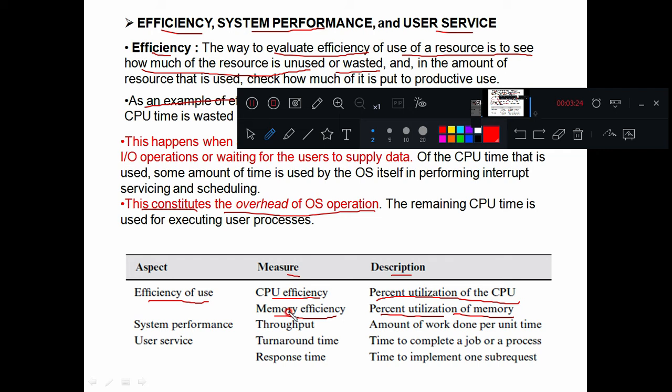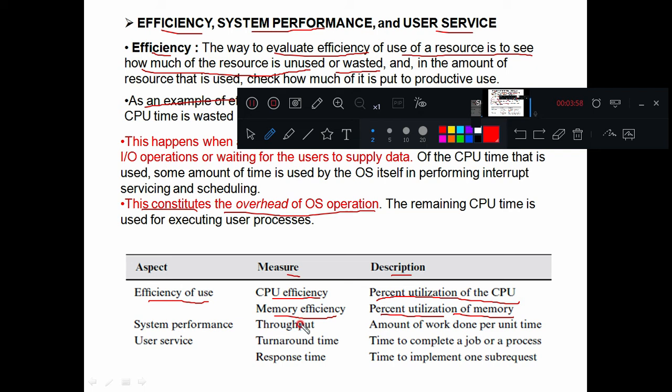I cannot surely say that the user will make use of the entire 1 MB of memory, because program size is going to vary. I cannot say you can write exactly a program which will take exactly 1 MB of memory, right? It may go beyond 1 MB, or it may be lesser than 1 MB, right? So when it is utilizing less than 1 MB of memory, then we cannot say the efficiency of those memory devices is 100%, right?